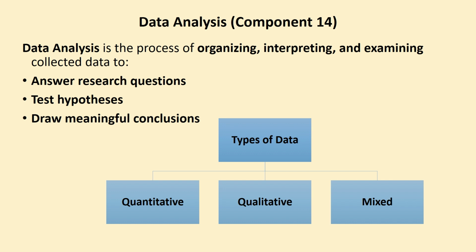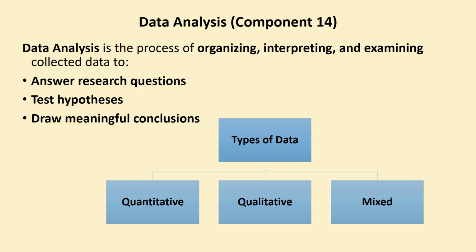And third is the mixed category. Sometimes you have both quantitative and qualitative kinds of data, and as a researcher be very focused on what the nature of the data is that you are going to collect and analyze. So look into all these things very seriously, whether your data is quantitative, qualitative or mixed, and go accordingly for its analysis.